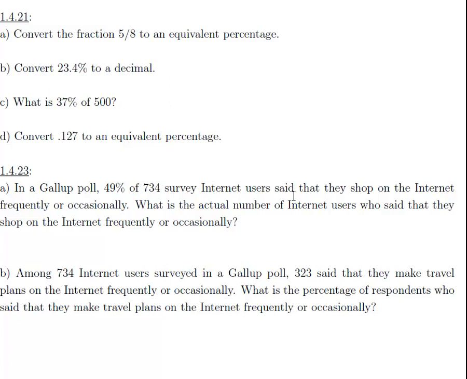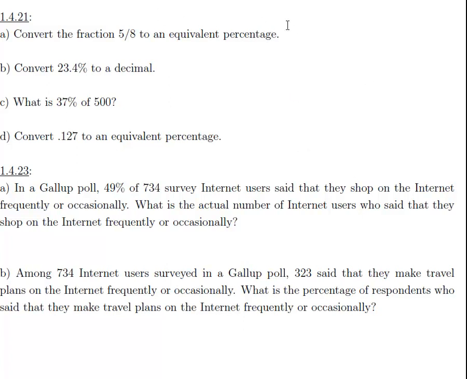Okay, so now let's go back to changing percents into proportions. We just want to do a few of these just so you get the idea. Okay, so we want to convert 5/8 to an equivalent percentage.